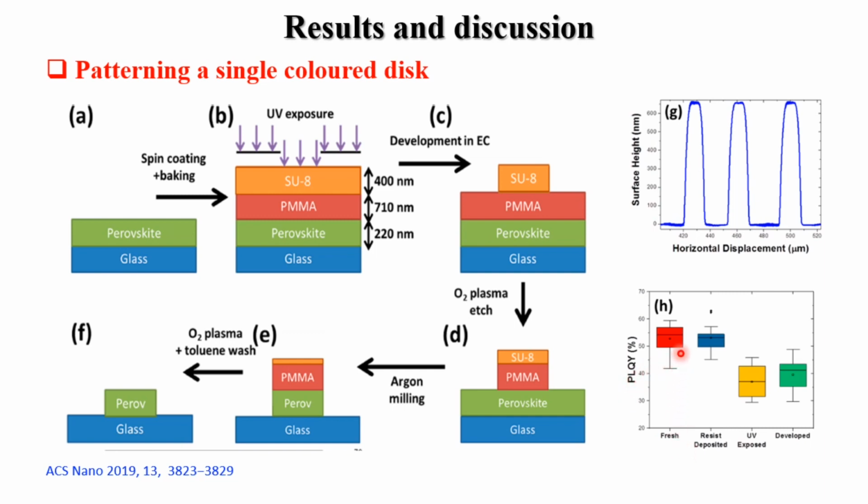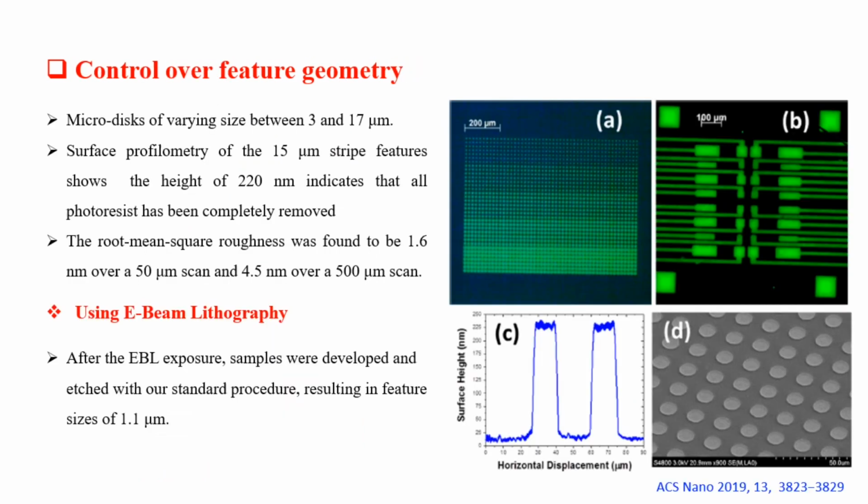To ensure that degradation is not done, the photoluminescence quantum yield was calculated. For the fresh halide perovskite it is around 55, and after developing it is found to be 45, so there is not much degradation in quantum yield. Next, for control over the feature geometry, they patterned different sizes of micro discs from 3 micrometer to 17 micrometer, and from the surface profilometry they found 220 nanometer, which is the height of this perovskite film.